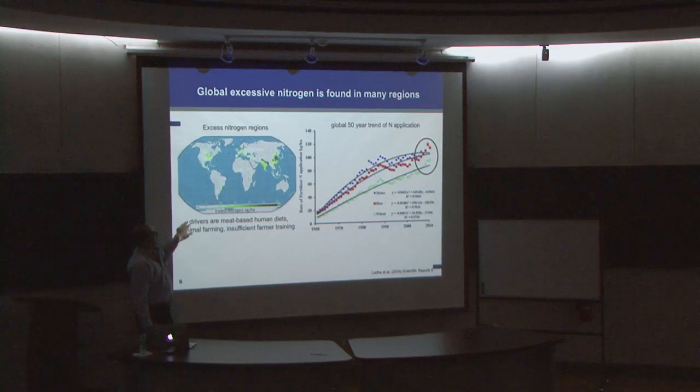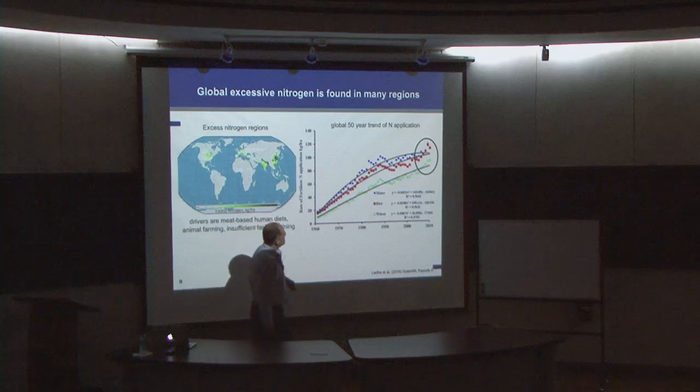But overall global drivers are our meat-based diets and animal farming, because we need so much protein as a feed for our animals, and this requires quite high amounts of nitrogen. But there are many regions in the world, as you can see, where there's not so much pollution with nitrogen and even nitrogen deficiencies.